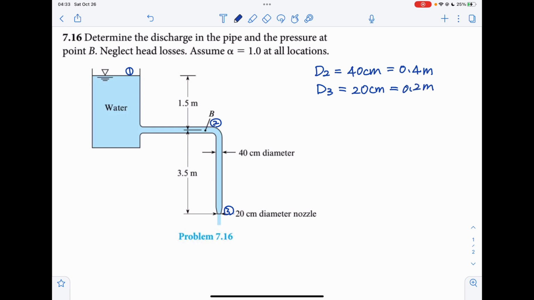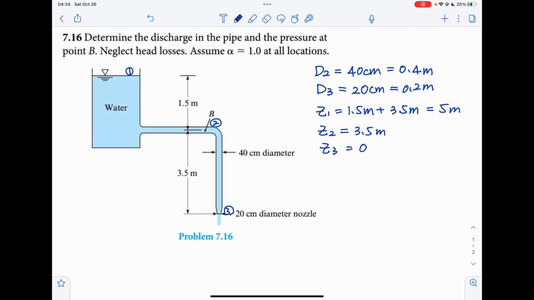And we have the elevations of each point. Z1 equals 1.5 meters plus 3.5 meters, which gives us 5 meters. The elevation at point B, which is also point 2, is 3.5 meters, and the elevation at point 3 is 0.